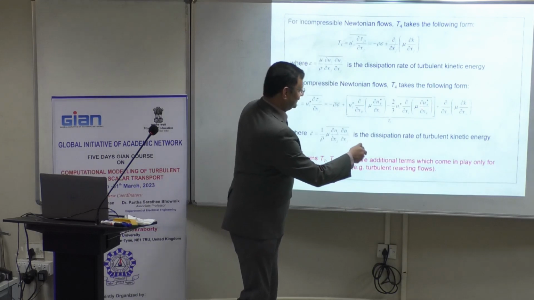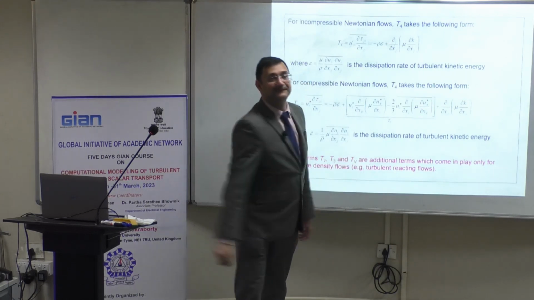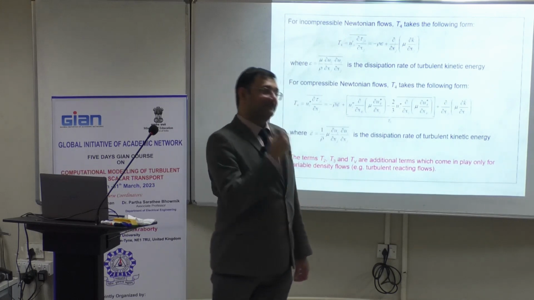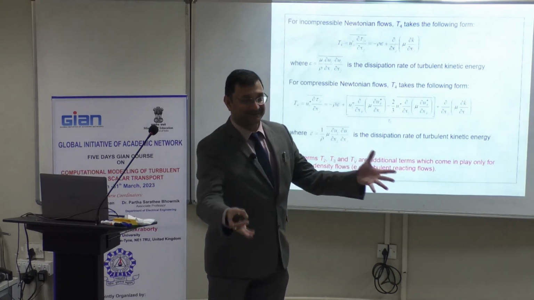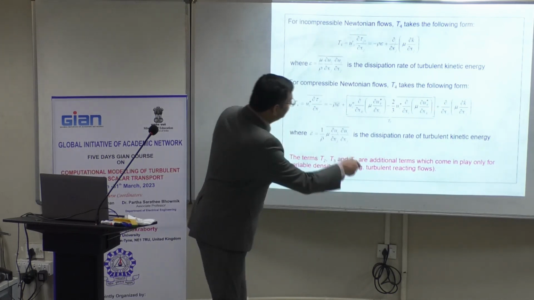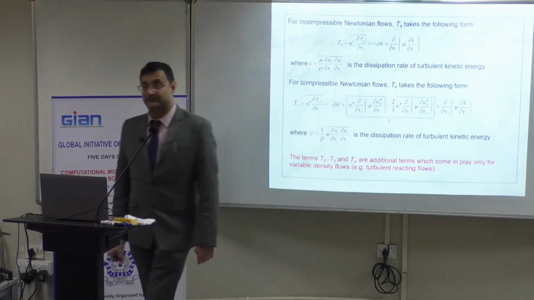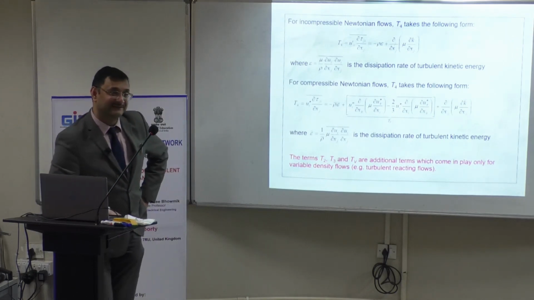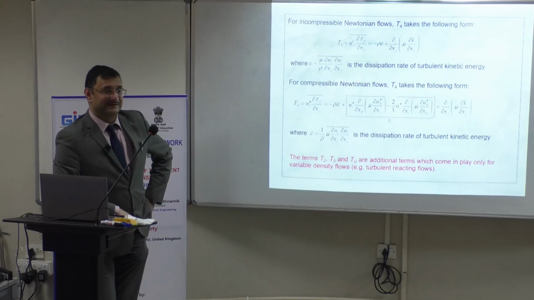Similarly, you have this one sitting there. If you think of Reynolds fluctuation instead of Favre fluctuation, it is going to be 0 again for incompressible flow. So this term completely vanishes for incompressible flow, but it's very much there in the case of compressible flow.